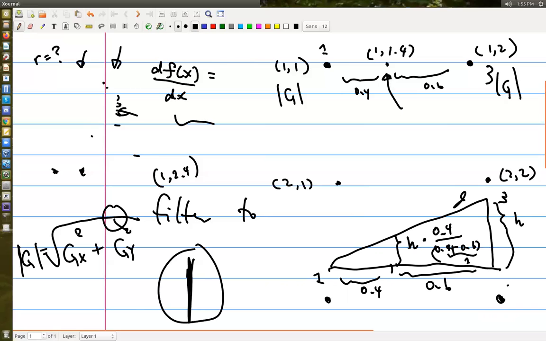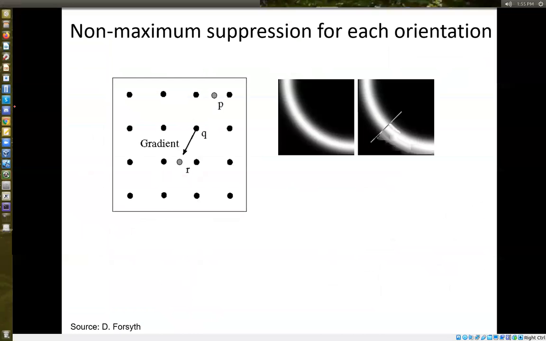So this value should be h times 0.4 plus the offset, which is 1. And h here is actually just 2, so it is 2 times 0.4 plus 1, which is 1.8. So then we know the interpolated value here.